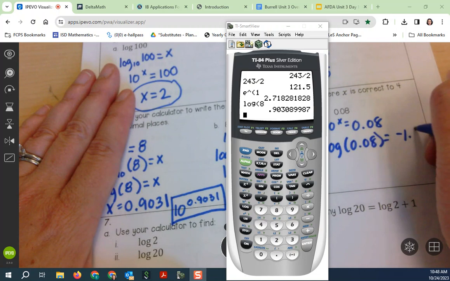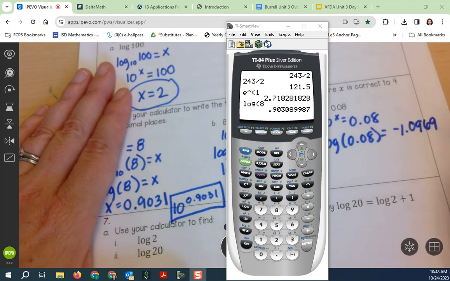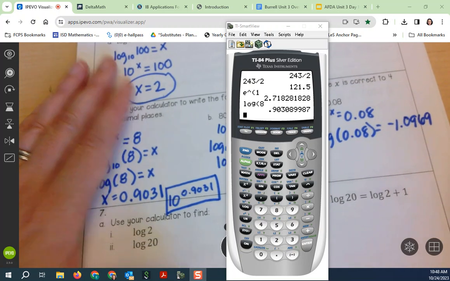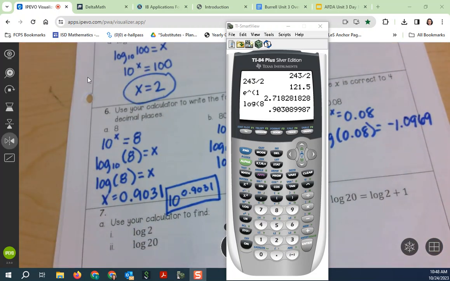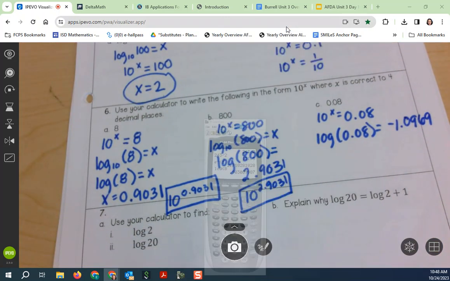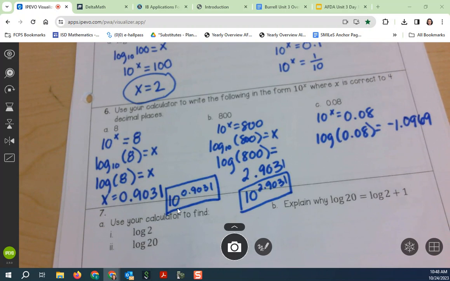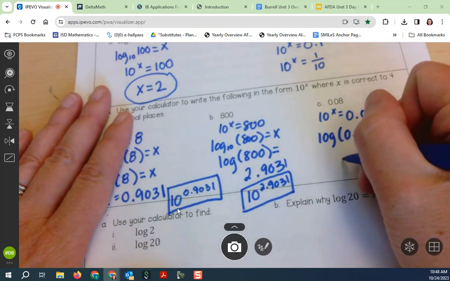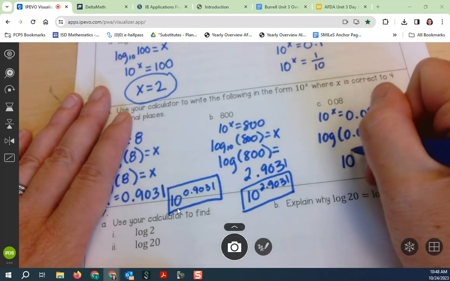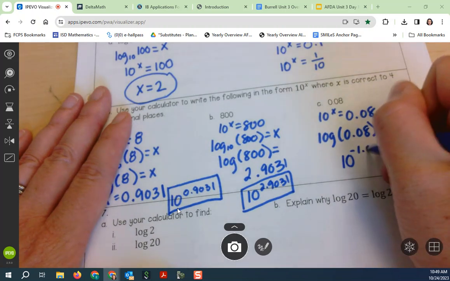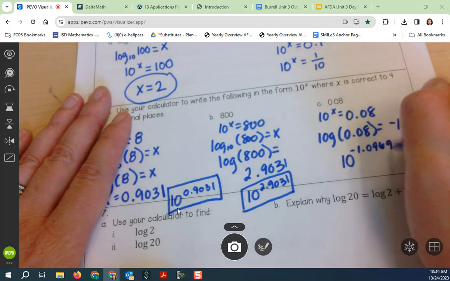Negative 1.0969. Did you guys get that? Did you get that or something different? Okay. And then you're going to write it as 10 to the negative 1.0969.